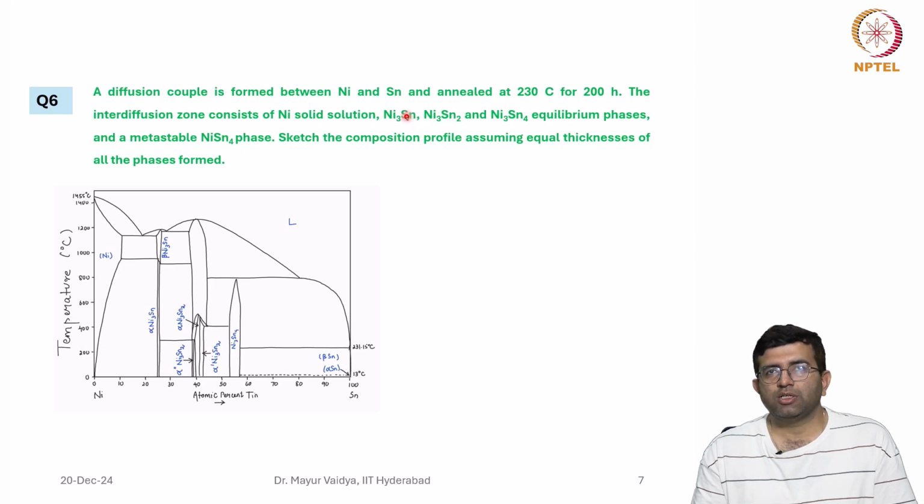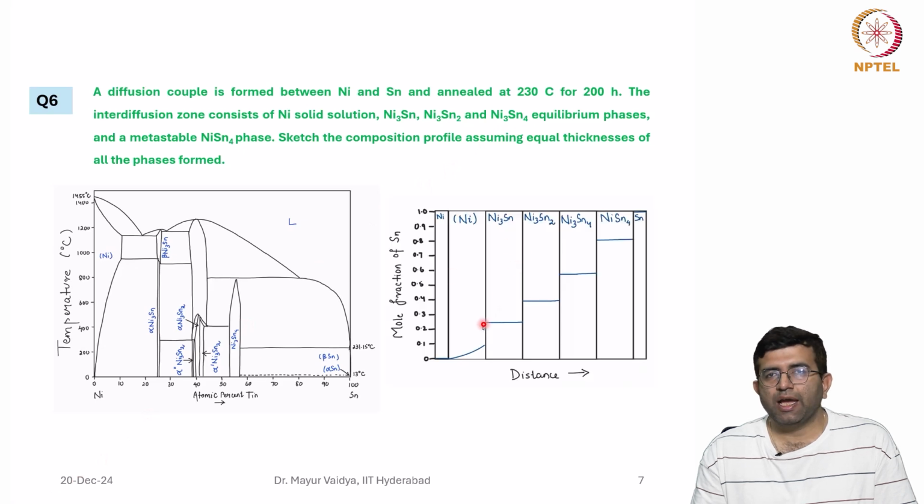Ni3Sn, then the tin is 25 atomic percent, then it increases further in Ni3Sn2, further in Ni3Sn4. And you will see that when it is a solid solution at 230 degrees centigrade, there is a slight gradient. But when it comes to Ni3Sn or Ni3Sn2, you have a relatively narrow range.